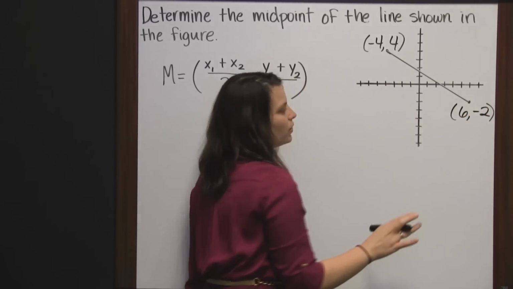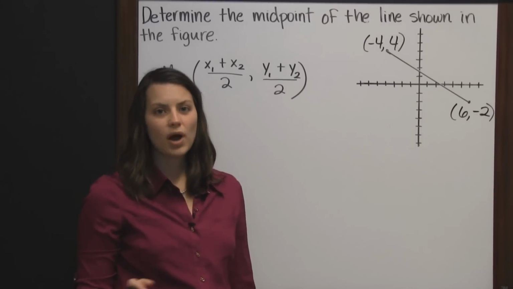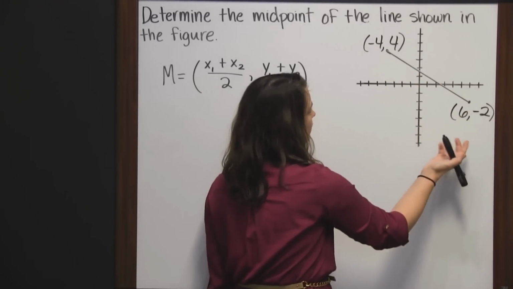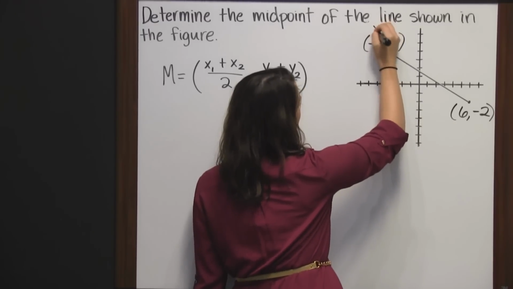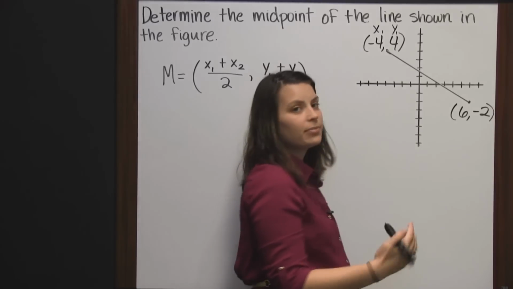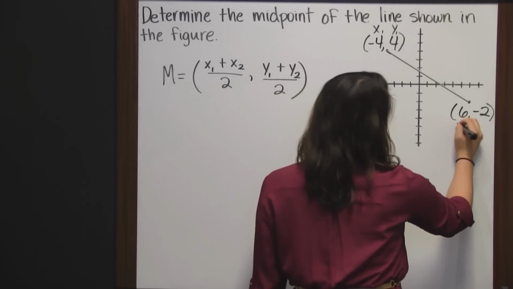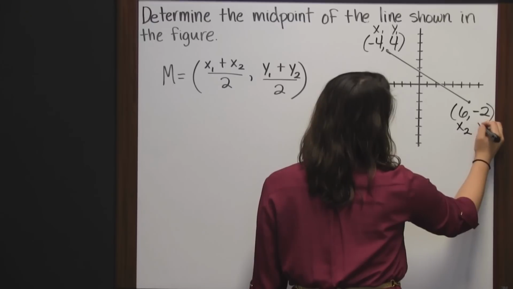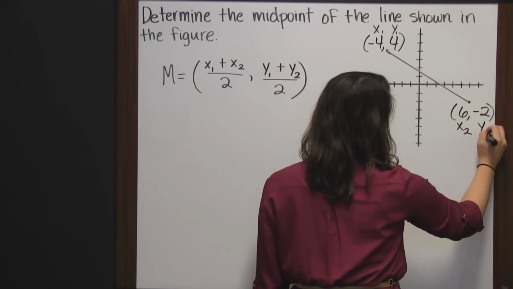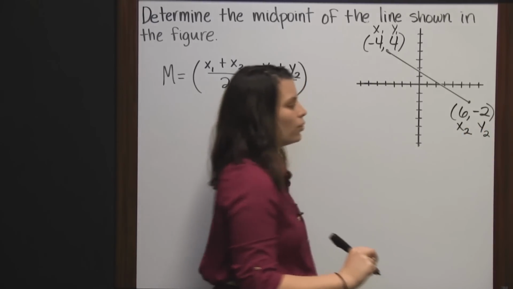These are my x1, y1, x2, y2 coordinates. And it doesn't matter which one you label as your x1, y1, as long as you label them consistently. For instance, this could not be my x2, y1. Since this is my x2 coordinate, that means this is my y2 coordinate.